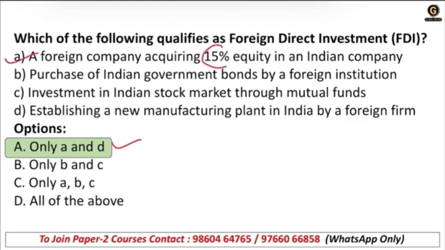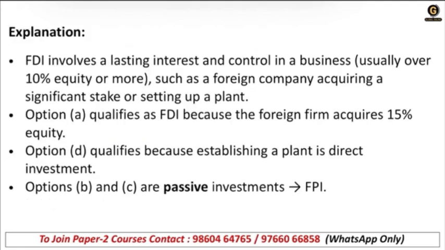When you have 15% equity in an Indian company and establishing a new manufacturing plant in India by foreign firms, these are the two types of FDI that we have already seen in the theory session. FDI actually involves at least 10% equity in Indian companies to call it FDI. That is important. Option A qualifies as FDI because the foreign firm acquires 15% equity. Minimum criteria is 10%, and in the option it is 15%, so obviously it is FDI.